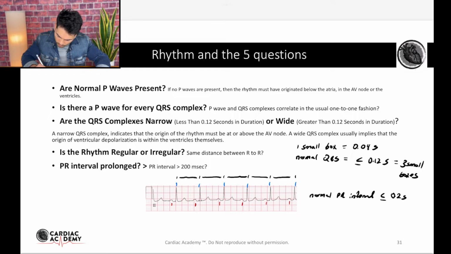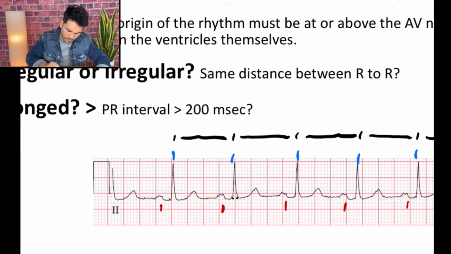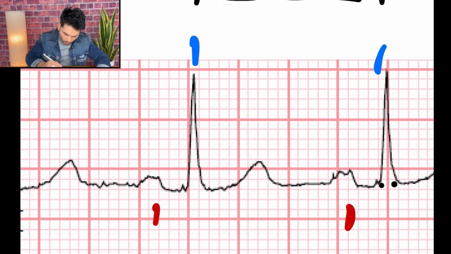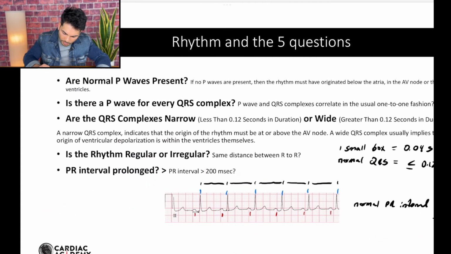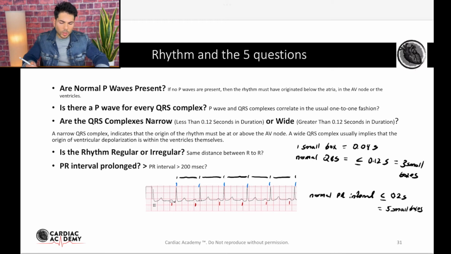So equals 5 small boxes. Let's see. So we look at this PR interval and we count 1, 2, 3, 4, 5. So that means that the PR interval is normal. So after going through these 5 questions, we can conclude that this is a normal sinus rhythm. All right, very good.